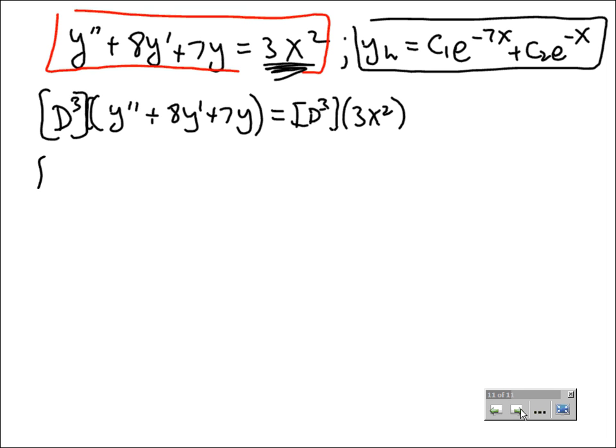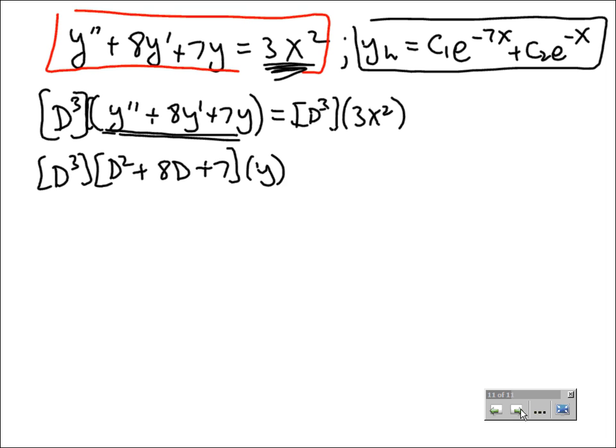Now I can write this as a linear differential operator. It's D squared plus 8D plus 7 operating on y. The right side is 0 because the third derivative of 3x squared is 0.